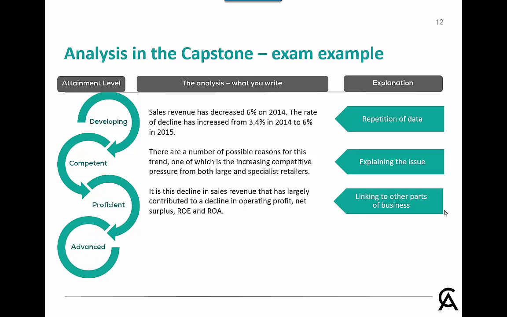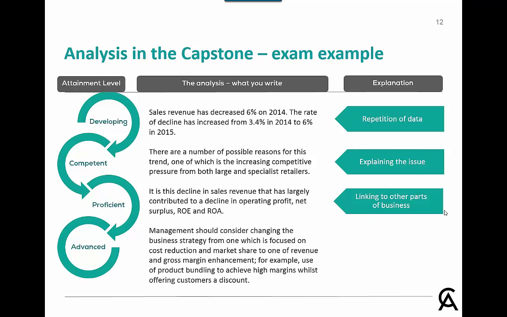Now, to take that to the advanced level, and you should all be aiming to do this, management should consider changing the business strategy from one which is focused on cost reduction and market share to one of revenue and gross margin enhancement. You're told in the question that the business strategy is this cost reduction and market share.